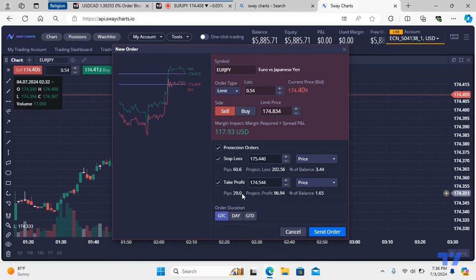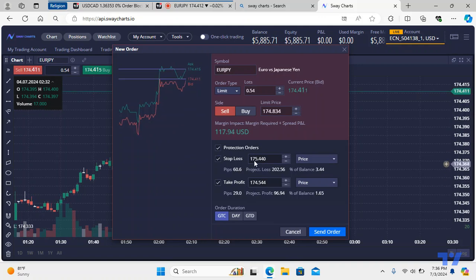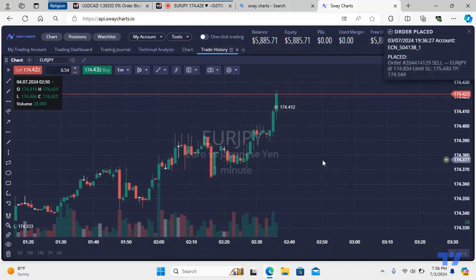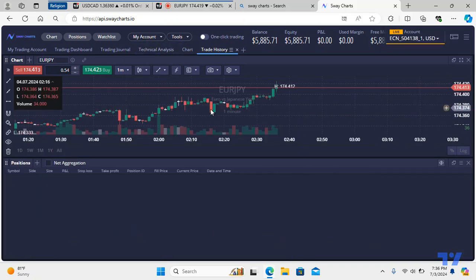And as you can see, we have our protecting profit, protecting pips, all that jazz. Our lot size is right, entry's right, TP's right, stop loss is right. We have limit order, and we're on the right pair. What we'll do next, send. And we sent it, and your order is now over here.